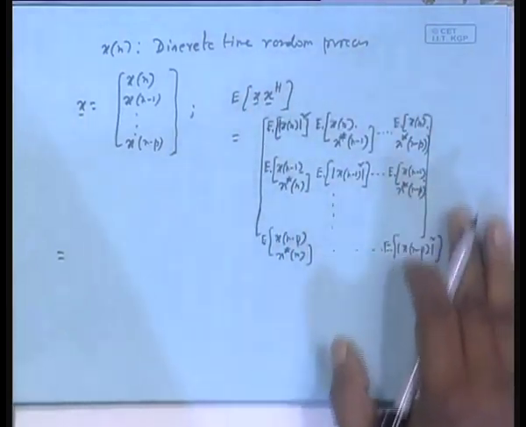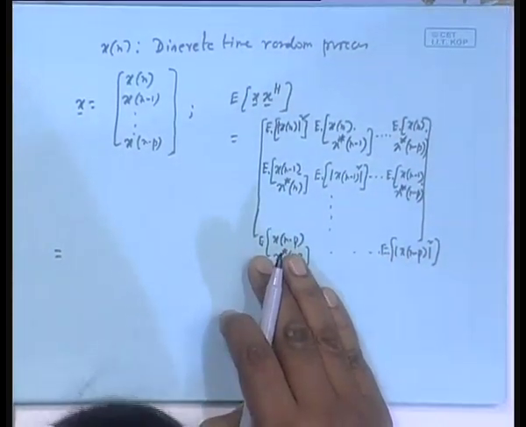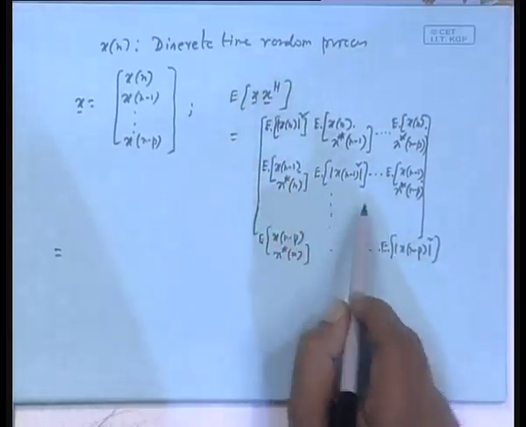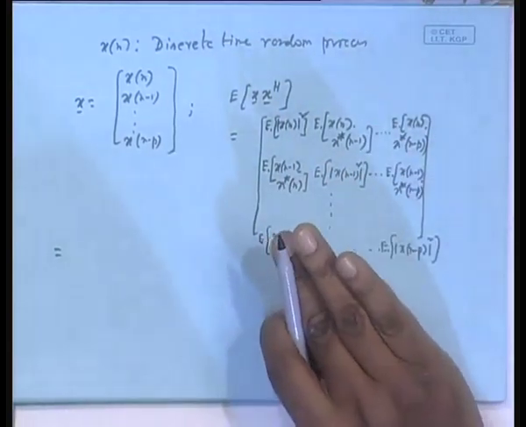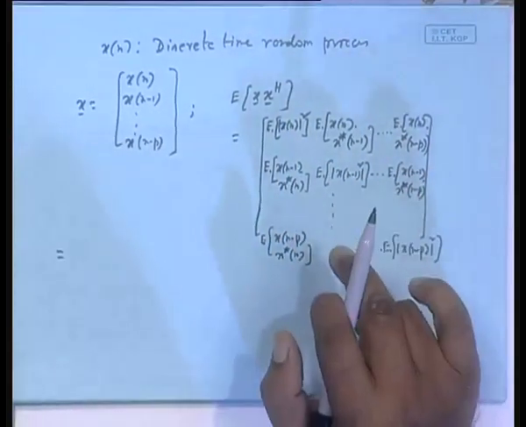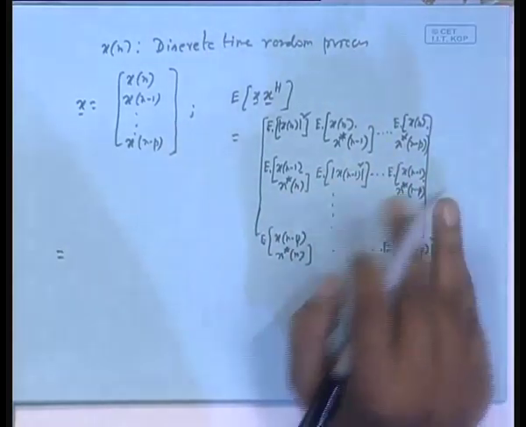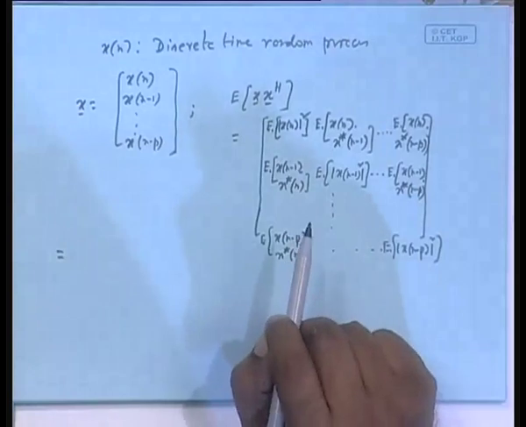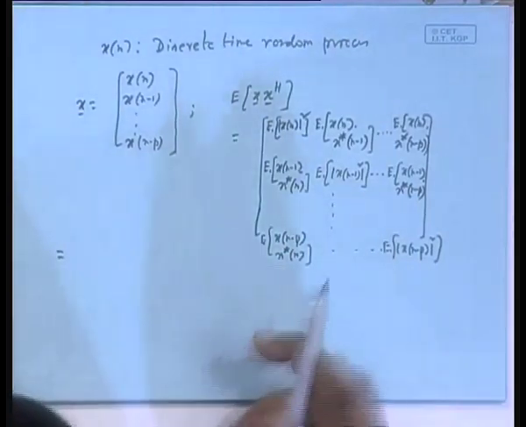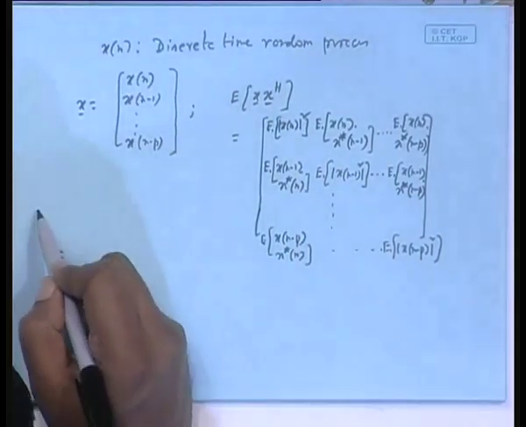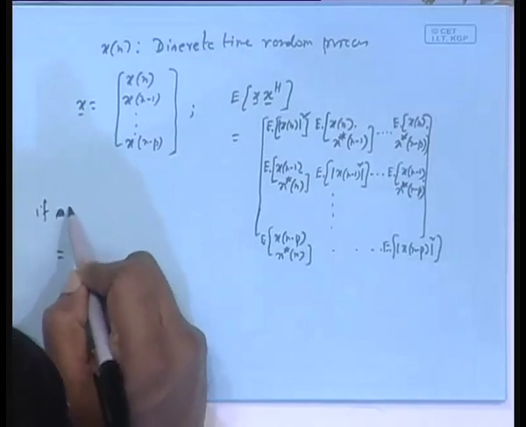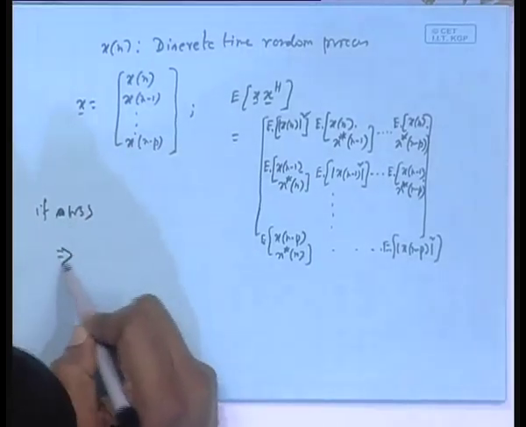Firstly, even if not stationary, if I know one half, the diagonal and the upper half, the lower half can be constructed because of the Hermitian property, conjugate transpose, isn't it? One half is enough for me, the upper triangular part with the diagonal. Now if it is stationary, if WSS, this leads to what?